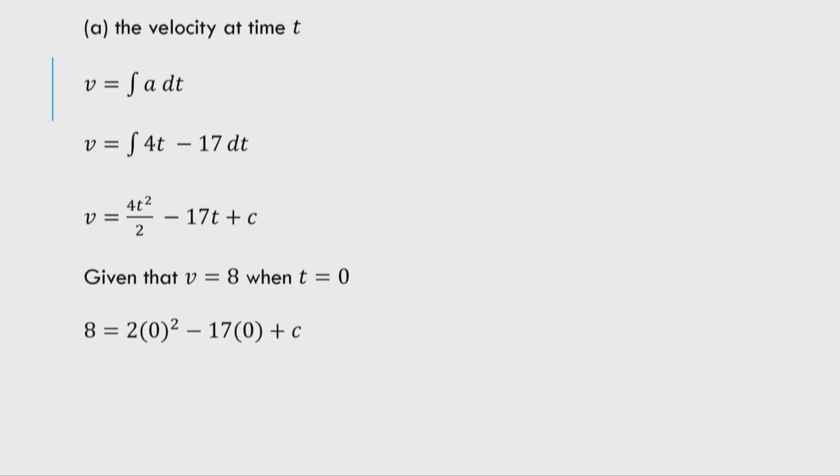Substituting these values, we get 8 is equal to 2 times 0 to the power of 2 minus 17 times 0 plus c. Evaluating this, we get c is equal to 8. Therefore, V is equal to 2t squared minus 17t plus 8.